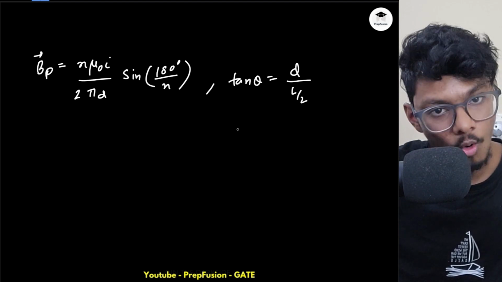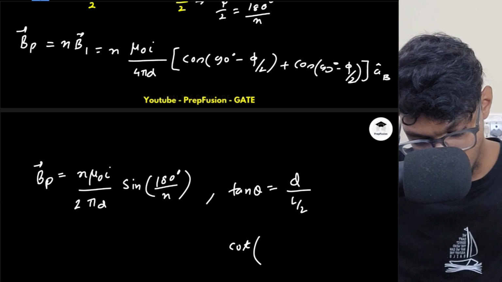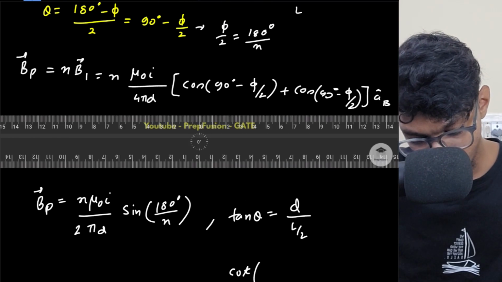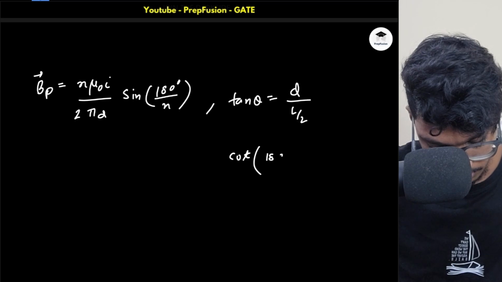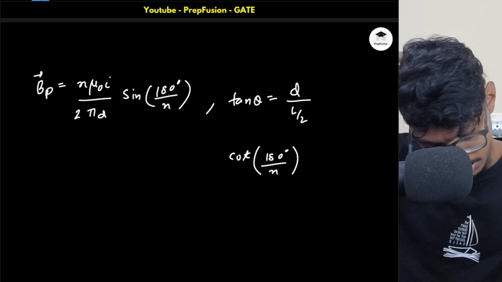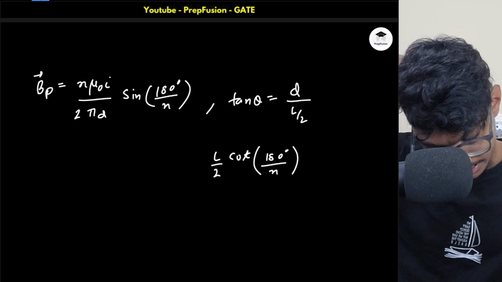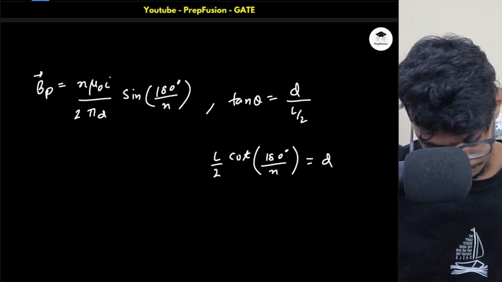So it will become cot phi by 2. And what is phi by 2? Phi by 2 is 180 by n. So it will be cot 180 by n into L by 2 equals d.